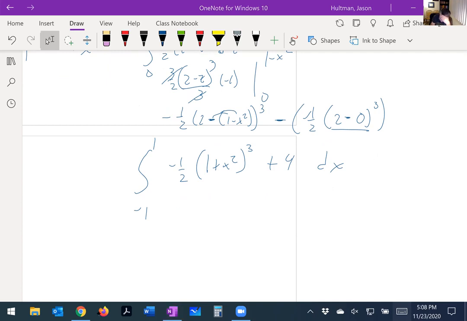So I'm going to multiply this all out so I don't have to do a u sub and not get an x. If I do a u sub on this, I don't have the du. So I'm going to multiply it all out so I can just use the power rule.